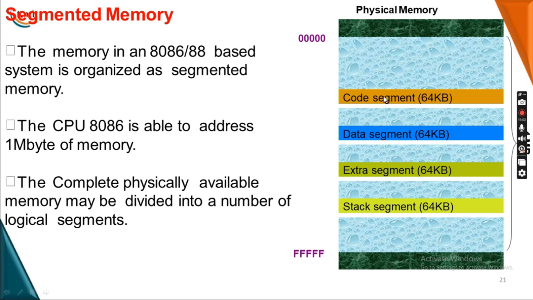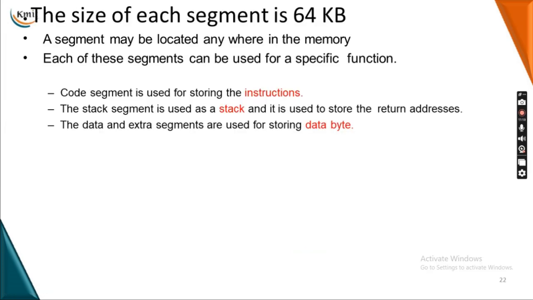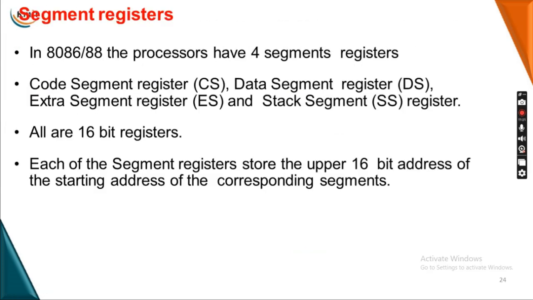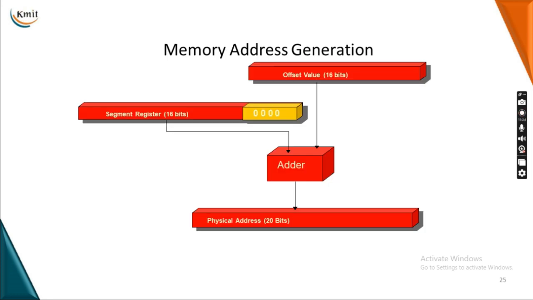So if the starting address is my segment address and the location exactly where you are in the code segment is my offset address, the physical address you can calculate by this. The actual physical address will be a 20-bit address, but the starting address and the offset address are my 16 bits.